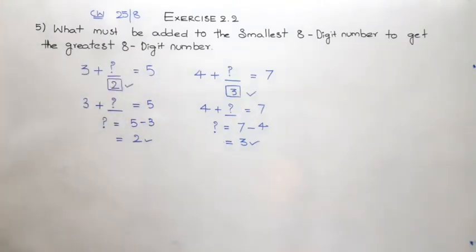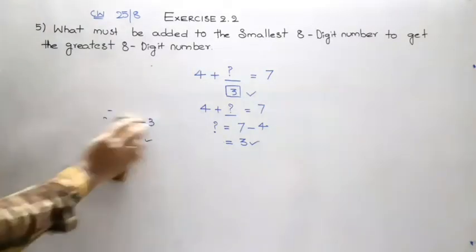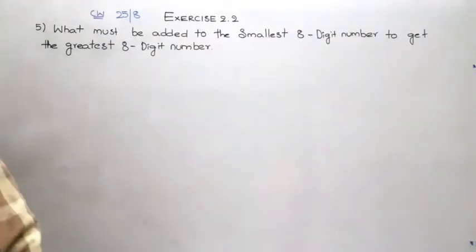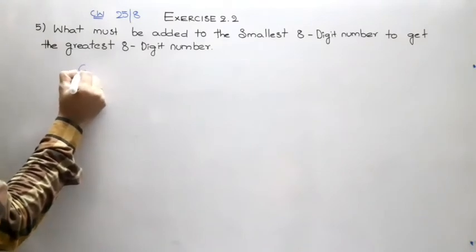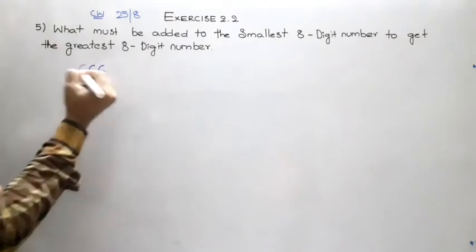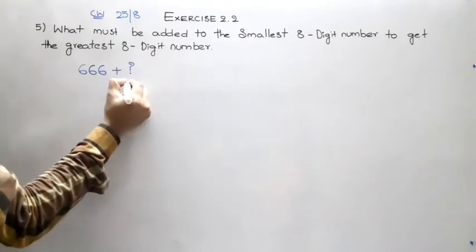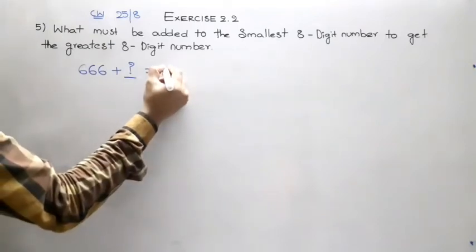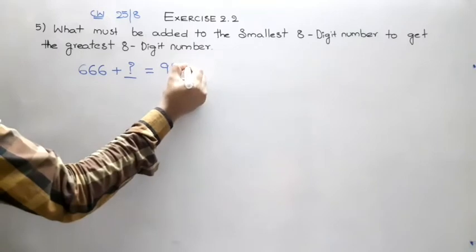Let me give you one more example so that you will understand the question better. Look, for example, 666 is there, plus what we have to add to this 666 so that the result is going to be, for example, 999.